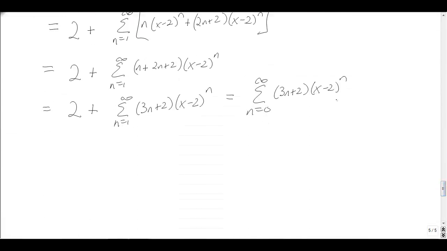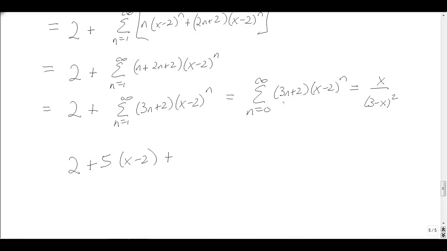In any case, we get down to this series, and this was for x over 3 minus x squared. And so our Taylor polynomial of order 3, centered at 2, all you do is plug in n equals 0. That gives you a 2. Plus plug in n equals 1, 3 plus 2, that's 5, and then it's x minus 2.